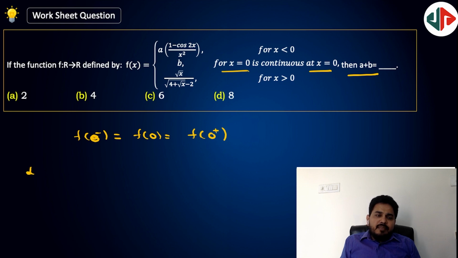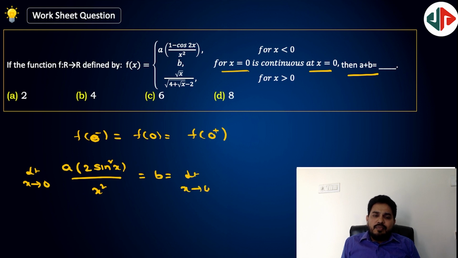So the limit as x tends to 0 of a into 1 minus cos 2x, I can write as 2 sin square x by x square, is equal to b, is equal to the limit as x tends to 0 of root x by square root of 4 plus root x minus 2.